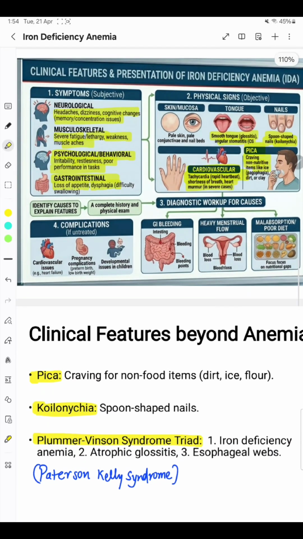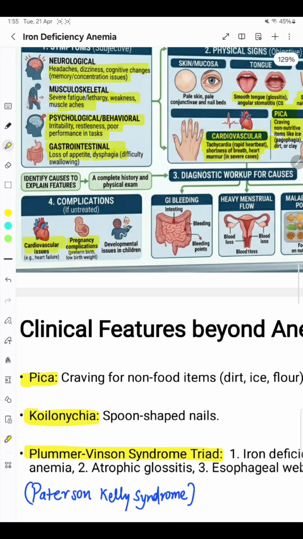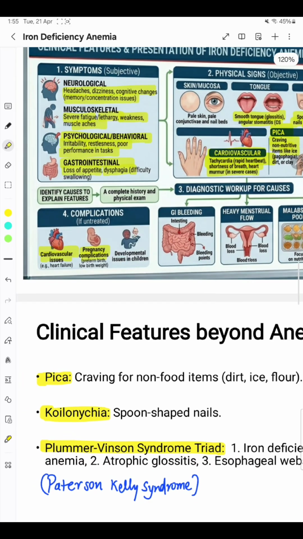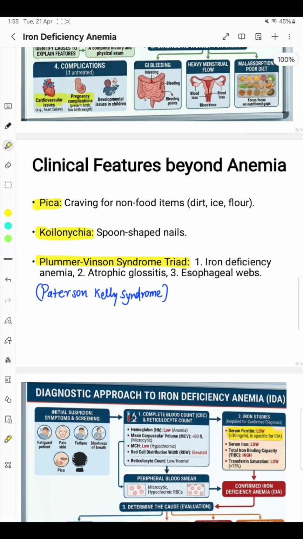In the complications, there can be cardiovascular issues in severe iron deficiency anemia, pregnancy complications like preterm or low birth weight, and there can be developmental delay in children. Some specific clinical features of iron deficiency anemia are pica, in which craving for non-food items like dirt, ice, flour, clay is seen.